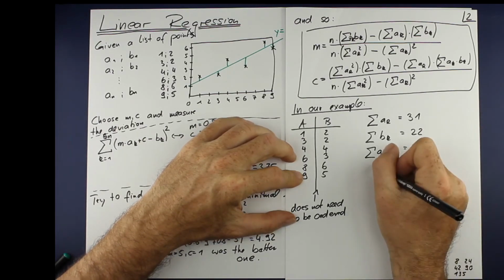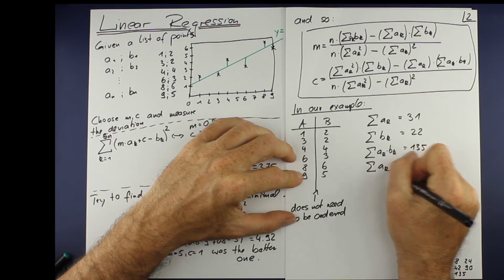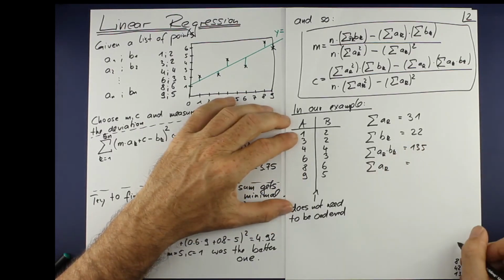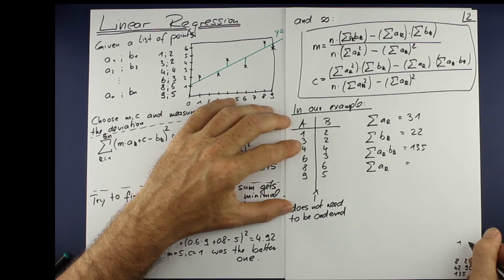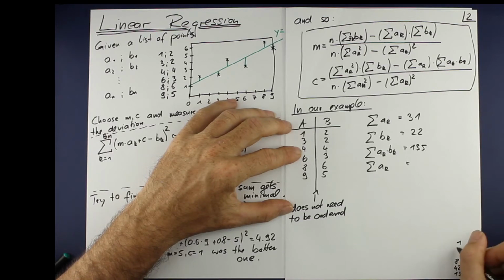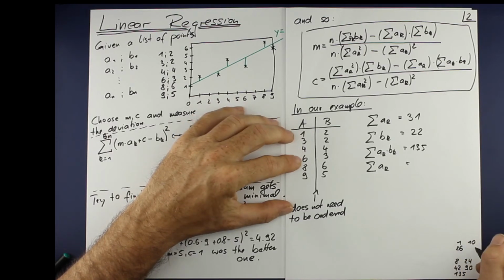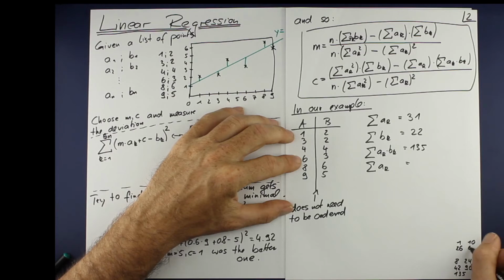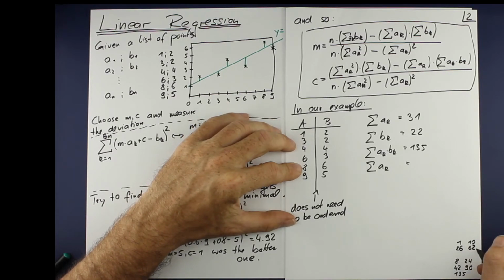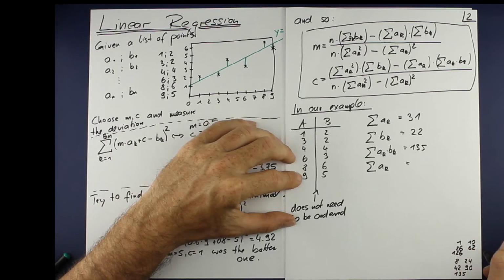And then we need the squares of the AK. So it's 1, plus 9 is 10, plus 16 is 26, plus 36 is 62, plus 64 is 126, plus 81 is 207.